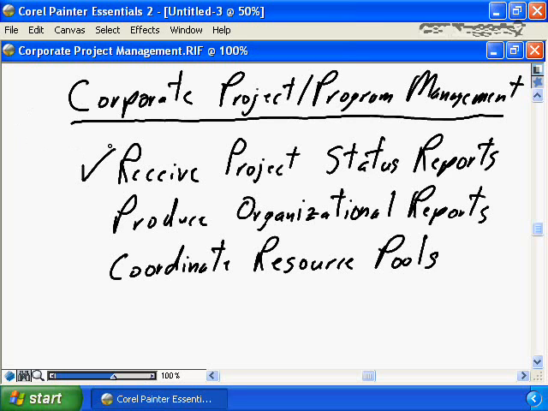So each project being delivered throughout the company, and in large companies there may be dozens of projects being actively delivered at any one point in time. The PMO receives all project status reports and then will consolidate and produce the organizational reports.